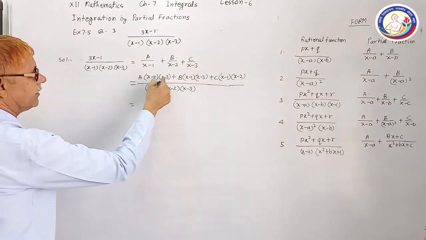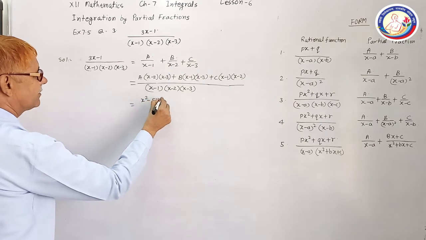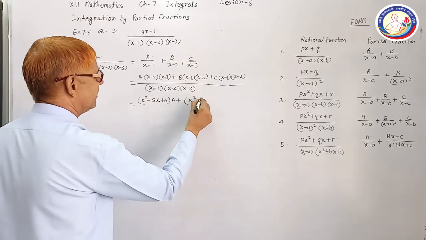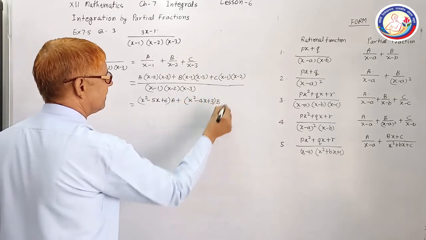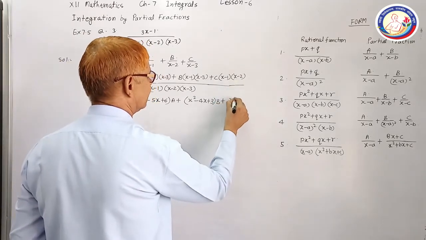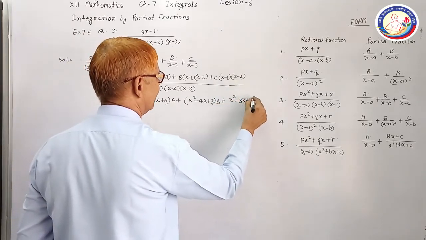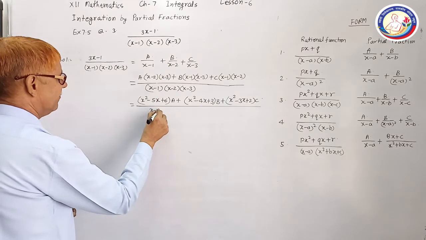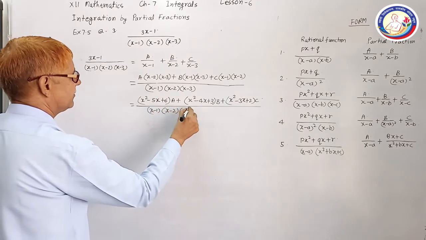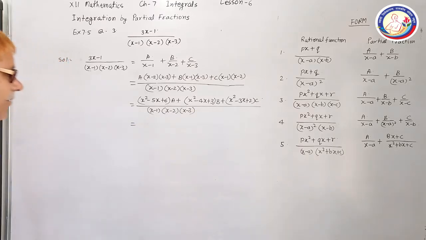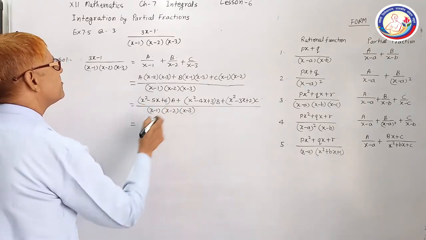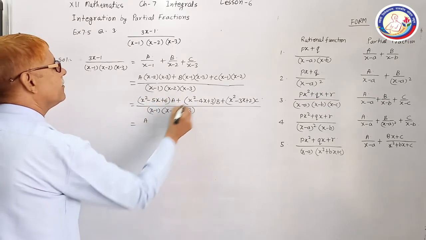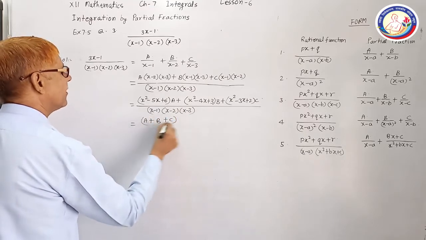This will be (x square minus 5x plus 6)A, and this will be (x square minus 4x plus 3)B, plus (x square minus 3x plus 2)C, divided by (x minus 1)(x minus 2)(x minus 3). Now further simplify. Here the coefficient of x square is 1, so (A plus B plus C) x square.